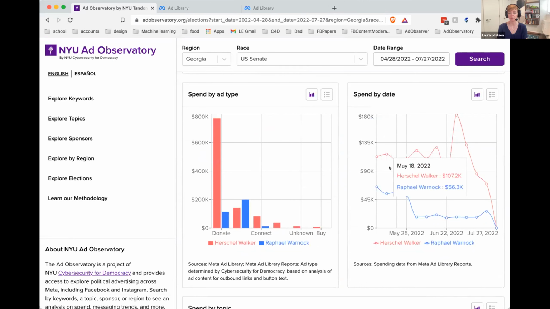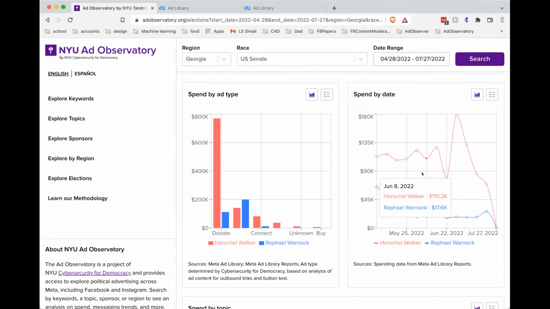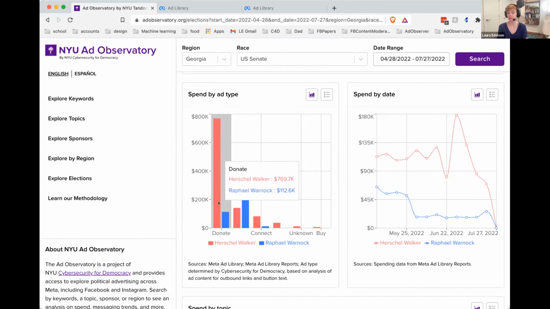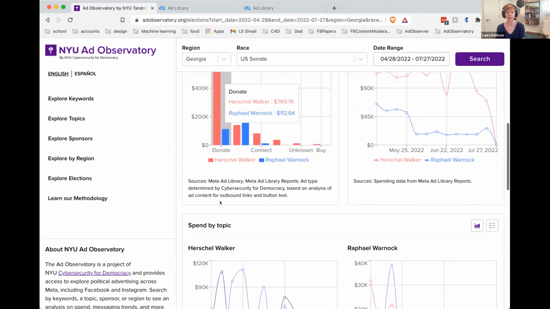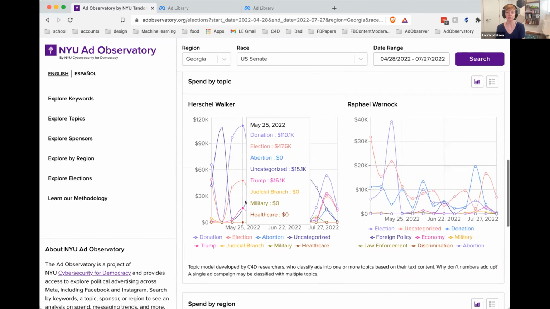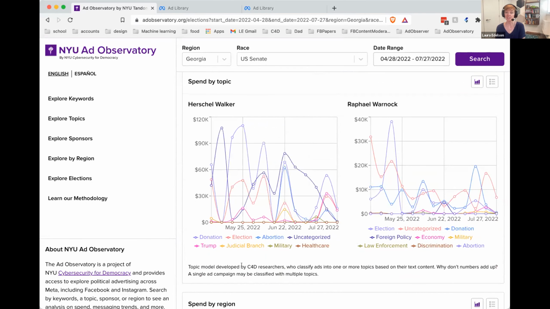We can see that Herschel Walker and Raphael Warnock have a lot of spending. Kind of surprises me that Herschel Walker has been spending so much, but I guess it's unsurprising. We see a lot of donation-seeking ads, which, by the way, is very normal for this part in an election cycle. Early in the cycle, most ads are donation-seeking. By the end of the cycle, most of them will be persuasion ads, and we can see that they're actually talking about quite different things.